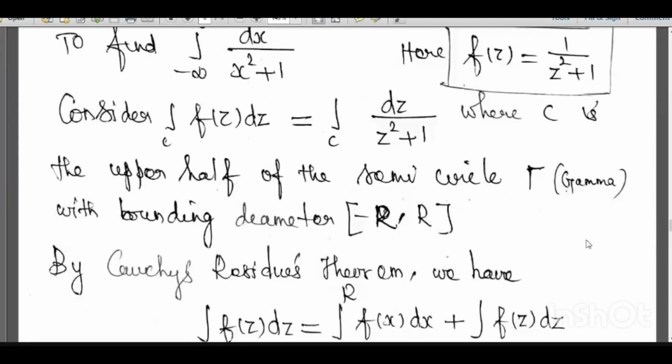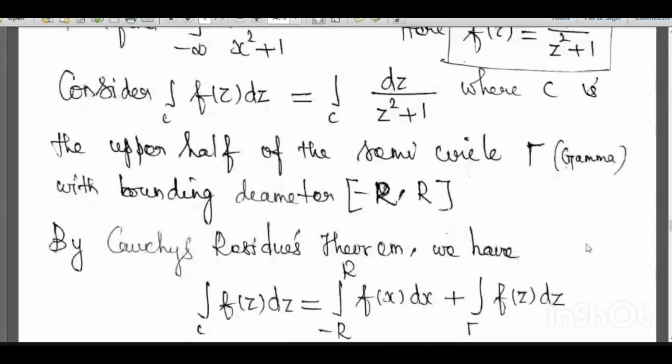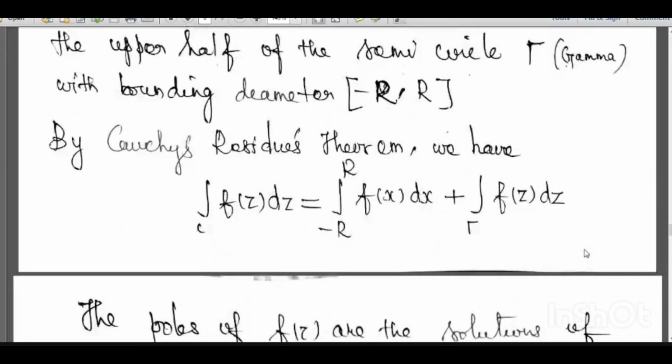By Cauchy's residue theorem, we have the integral over C of f of z dz is equal to the integral from minus R to plus R of f of x dx plus the integral over gamma of f of z dz.